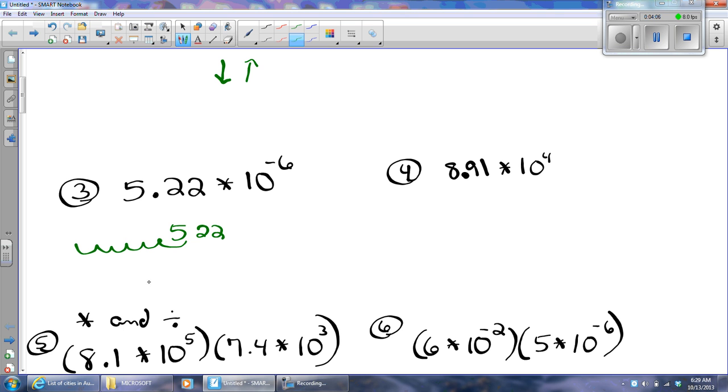All those little hops will fill in with zeros. And I'll end up with 0.2345522.